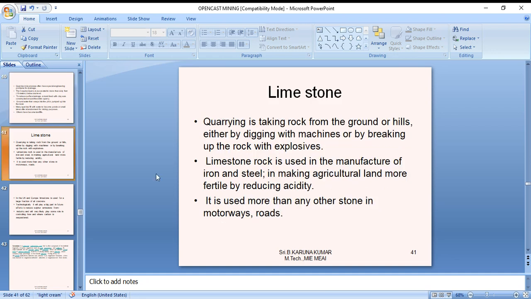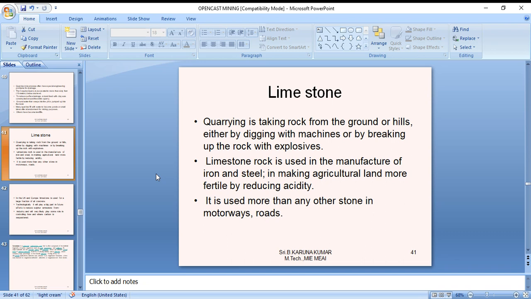Now we are coming to limestone. Quarrying is taking rock from the ground or a hill, either by digging with machines or by breaking up the rock with explosives.